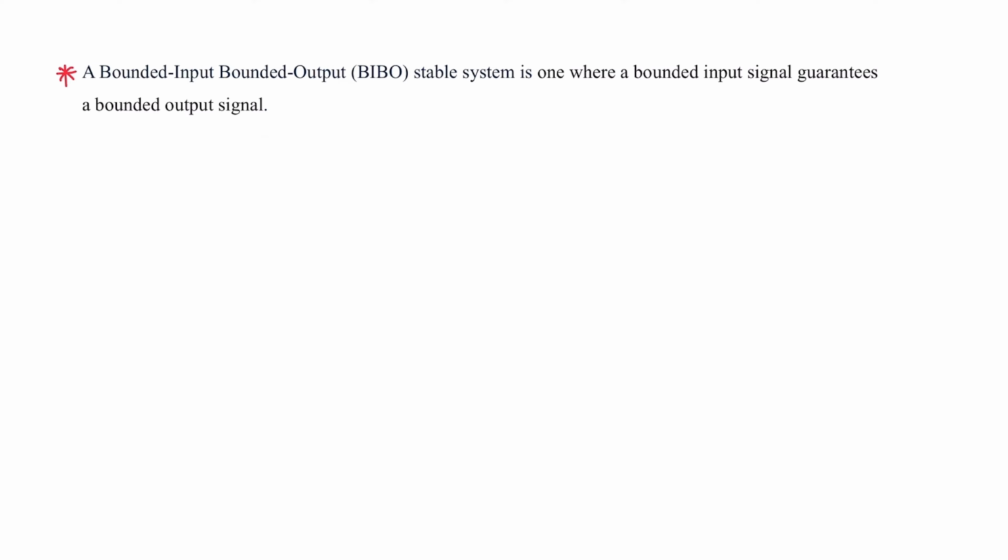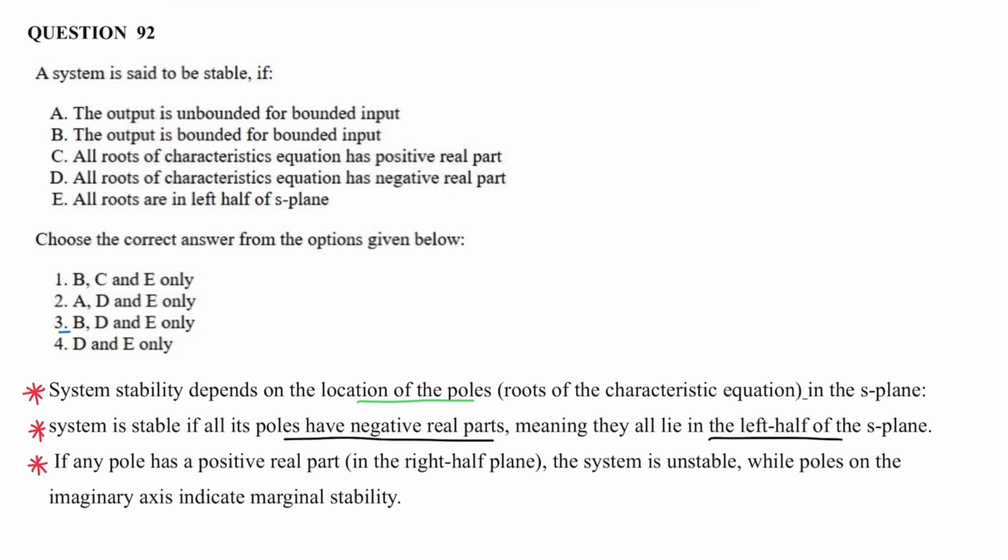The bounded input bounded output system is a stable system where a bounded input guarantees a bounded output signal. Statement A: the output is unbounded for a bounded input. Statement A is incorrect. Statement B: the output is bounded for bounded input. Statement B is correct. Statement C: all roots of the characteristic equation have positive real parts.